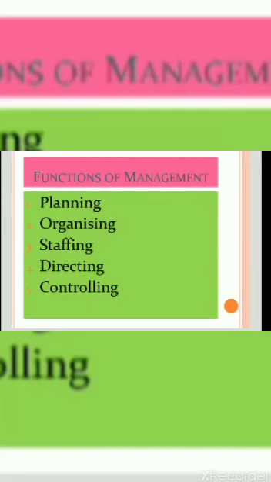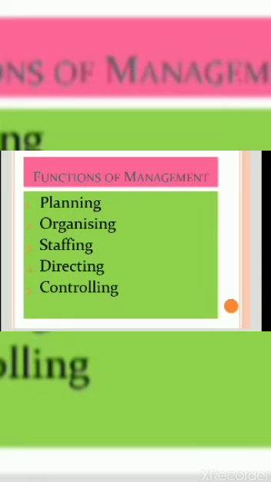Next slide is of functions of management. There are total 5 functions of management. We will discuss them one by one. I will give you a brief introduction of all functions of management in this chapter.